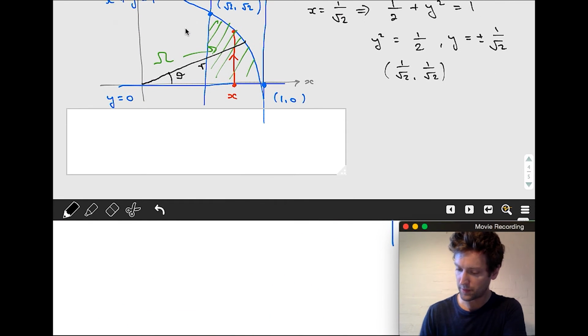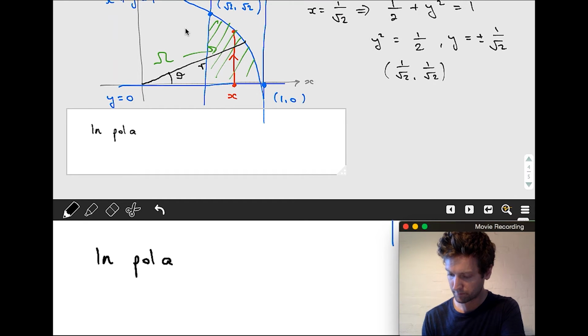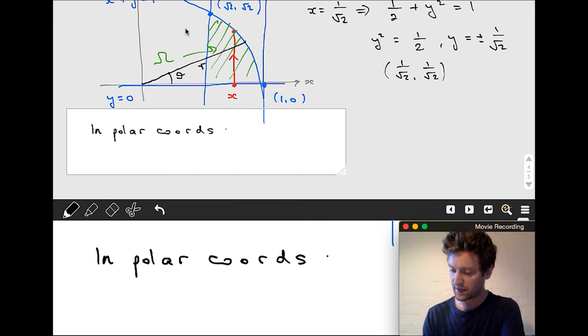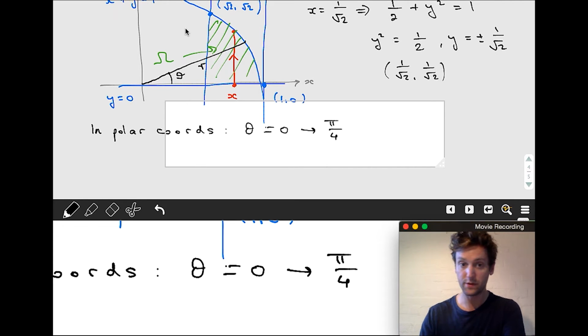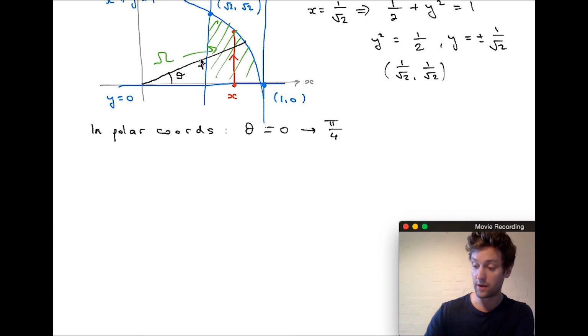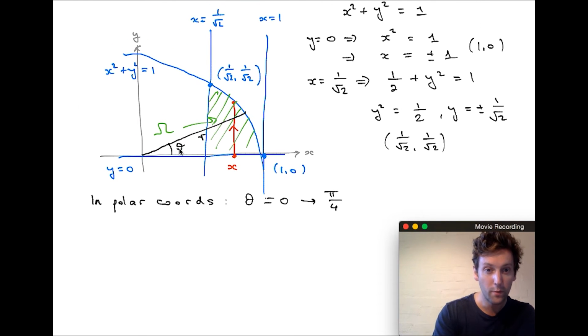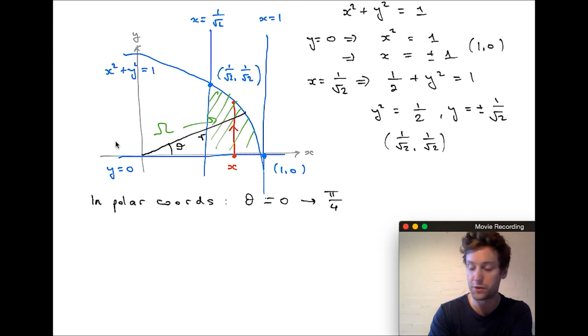So in polar coordinates, you can see that theta is going to be going from 0 to pi over 4. So theta is varying between 0 along the x-axis to 45 degrees, which is this line here. So that's the point 1 over root 2, 1 over root 2.